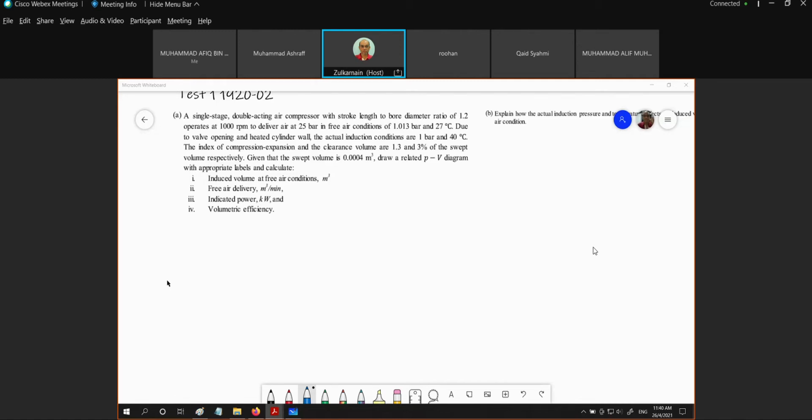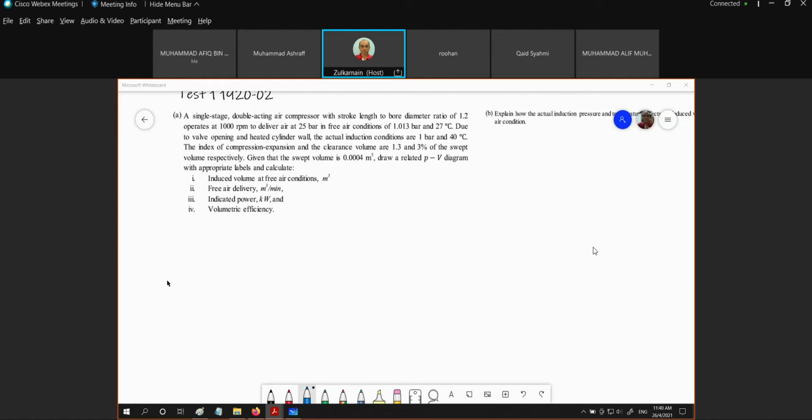PV. Straight away PV? No, sketch the piston. We sketch the schematic diagram and we try to look at our cylinder, where these parameters are actually given.